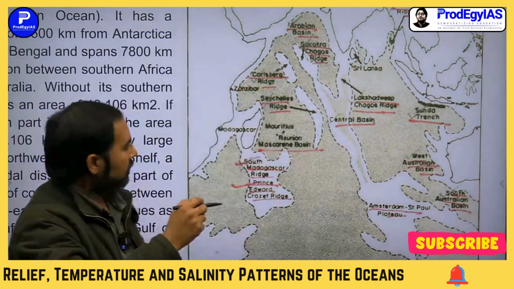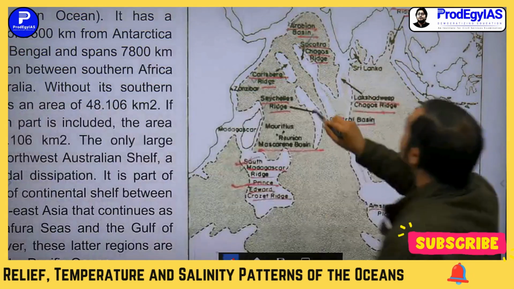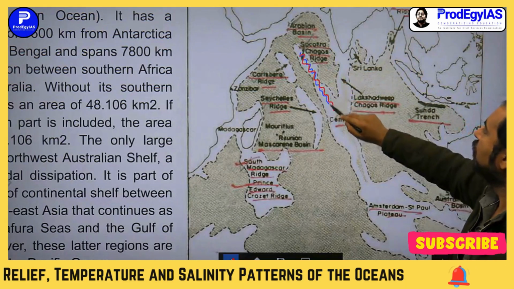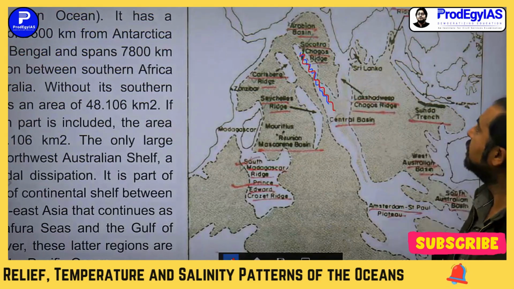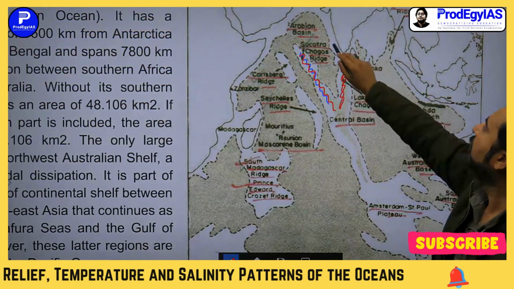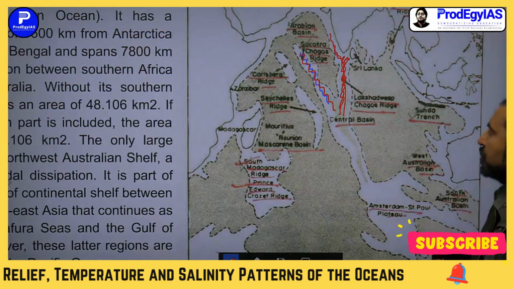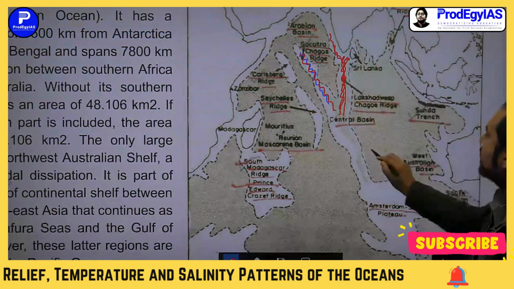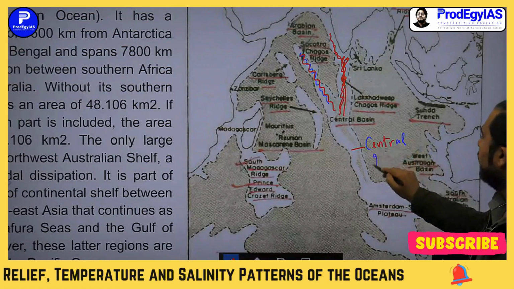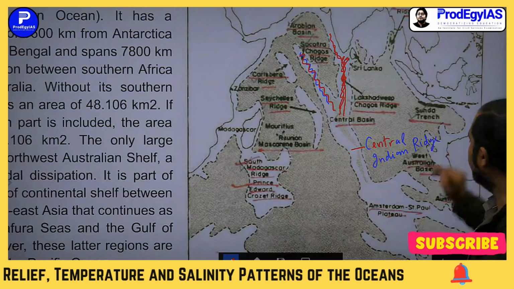This particular part is the Socotra-Chagos Ridge, and this part, from here up from here, is the Lakshadweep-Chagos Ridge. This whole ridge system is called the Central Indian Ridge.